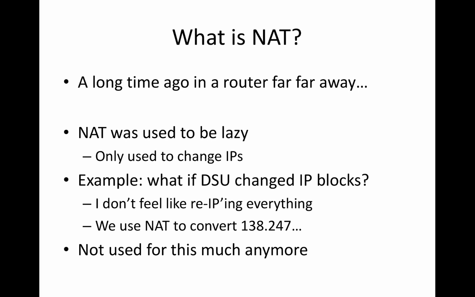So someone buys DSU and says, thou shalt not use 138.247. You're going to use 137.248, which I think is ironically super close to what SDSU's IP block is. So just 40 miles north. But anyway, is it going to be easy for DSU to re-IP all of our devices?